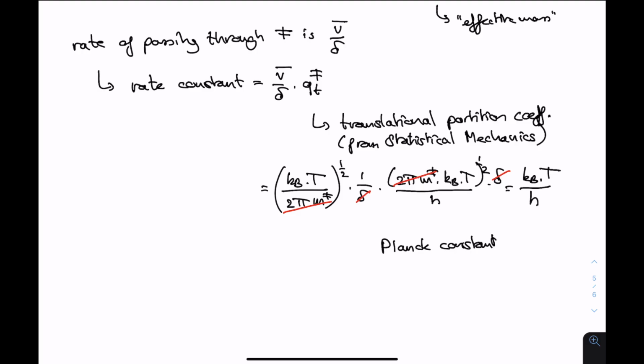So Planck constant. That's now actually fixed in relationship to the kilogram since a couple of years, which is 6.62 times 10 to the minus 34 kilogram times meter squared per second.